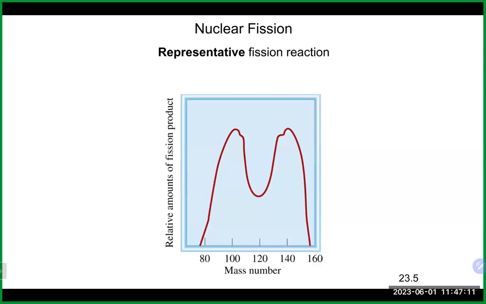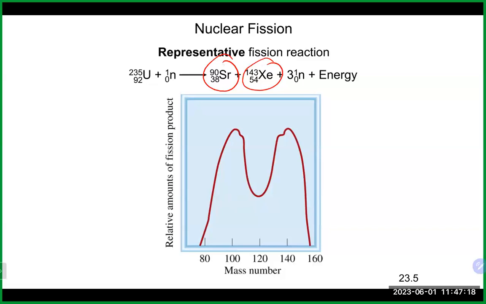Now, when it breaks apart into those two new nuclei, you don't always get the exact same two products. There are some with common mass numbers that usually form, but it's not always going to be exactly the same two every single time this fission reaction occurs.